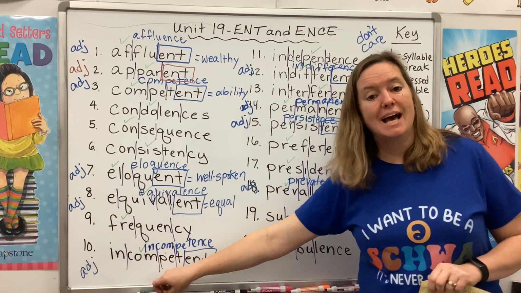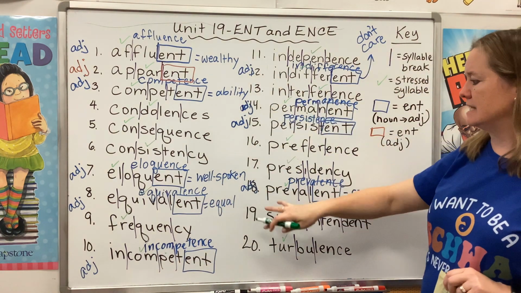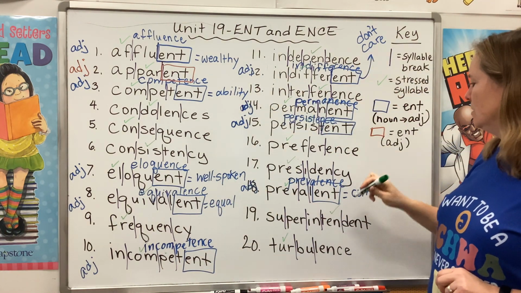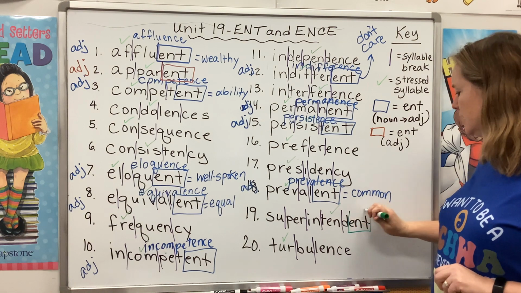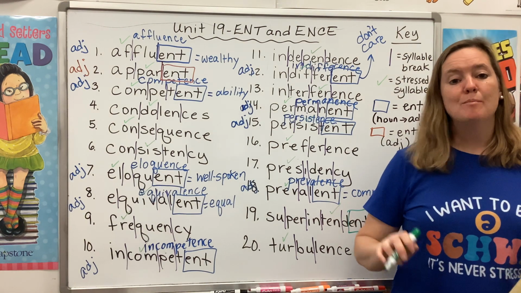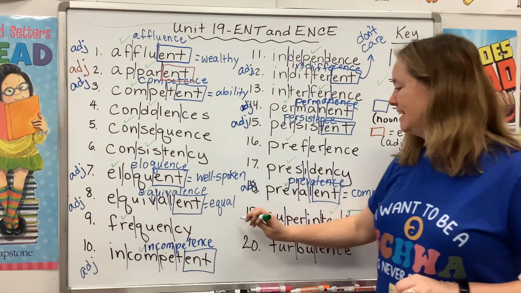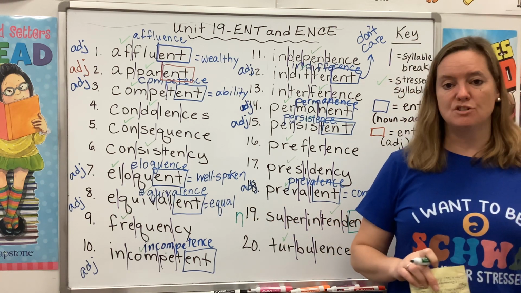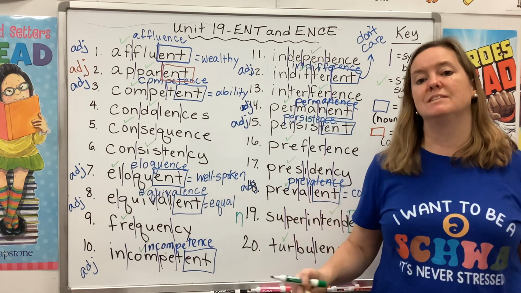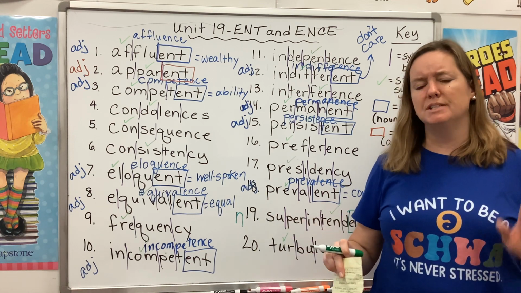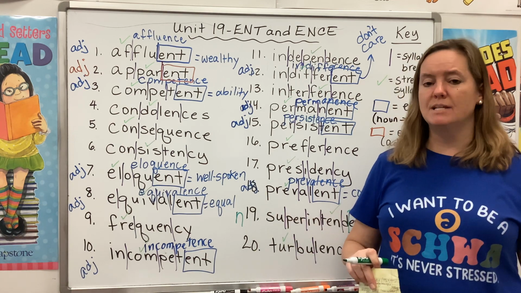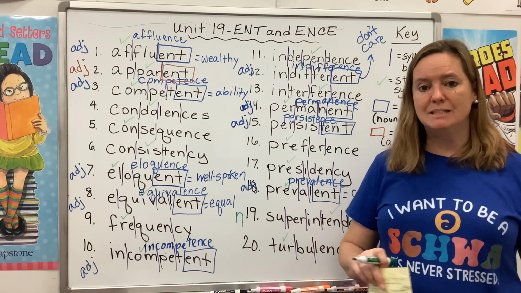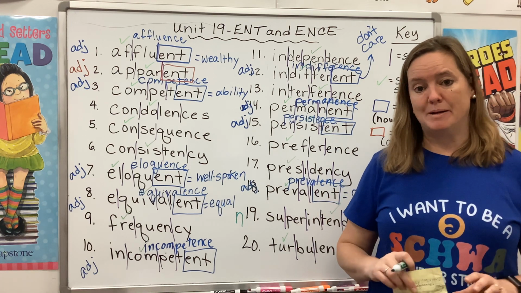But then we have one more ENT ending right here. Superintendent, but guess what? That is a noun because the superintendent is the person in charge. The superintendent of a school system runs all the schools. The superintendent of an apartment building is in charge of the apartment, okay?